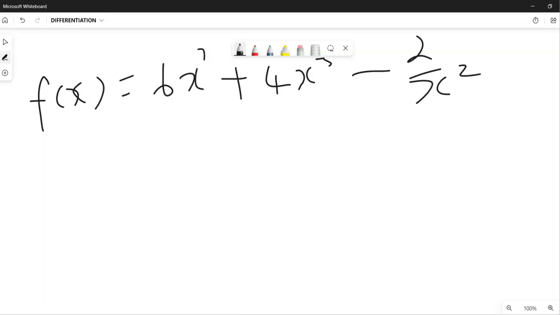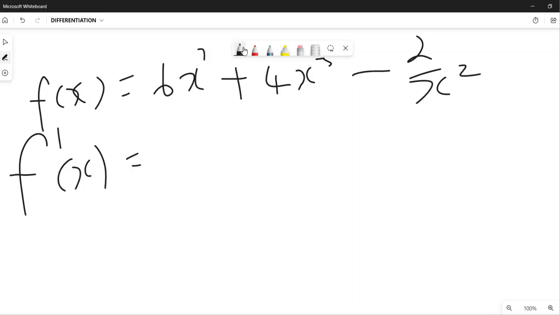And we're asked to differentiate. Alright, so we want to find f prime of x. So what we would be doing is differentiating each of these separately. Let's see what that means.